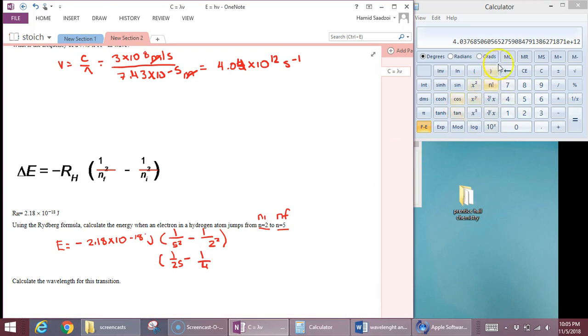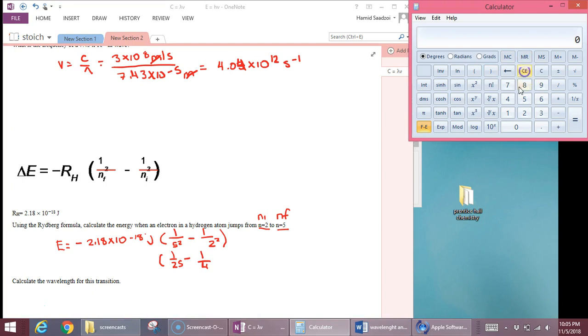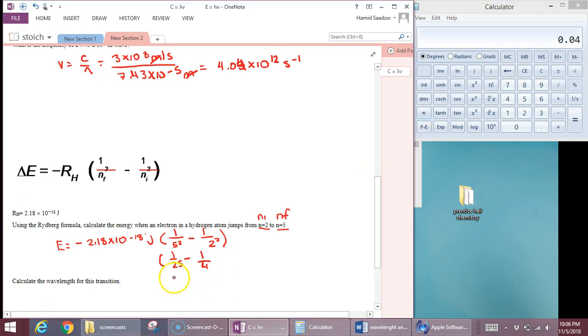So we're going to go over here to our calculator and figure out what those numbers are. So CE, 1 divided by 25 gives us 4 times 10 to negative 2. We want to have that as simple numbers. So this is 0.04 minus this is just 0.25.